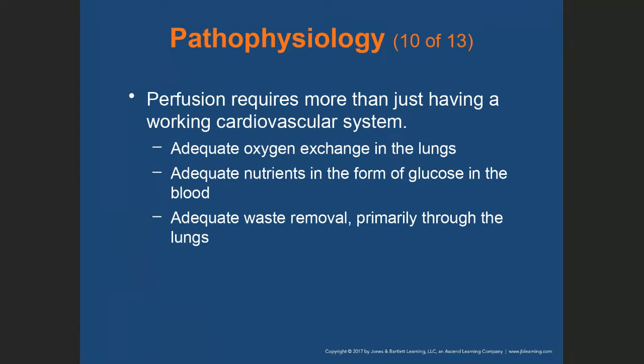So the three components of the perfusion triangle must be working properly, and the lungs must be able to bring in oxygen. So oxygen is necessary. Adequate oxygen exchange in the lungs is important. Adequate nutrients in the form of glucose in the blood is essential. Adequate waste removal, primarily through the lungs, must occur. So we must be able to get rid of that carbon dioxide.